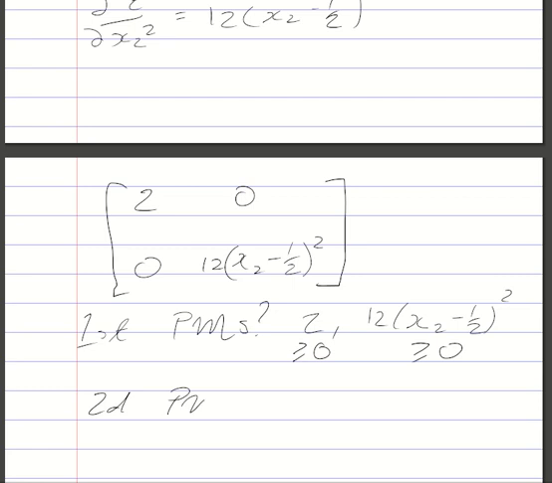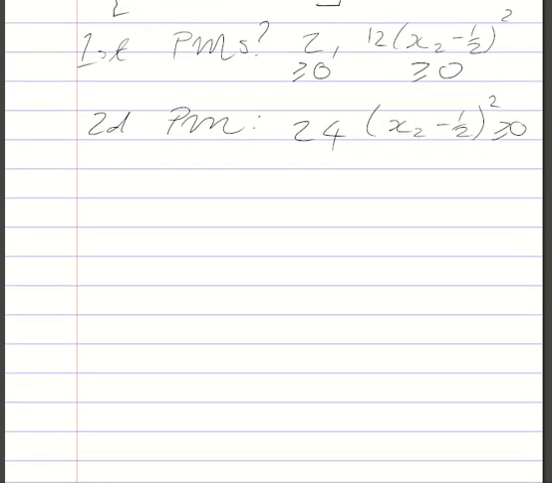The second principal minor is the determinant of this whole matrix, and that's just 24 (x2 minus 1/2) squared, and by the same reasoning this will always be positive no matter what value for x we can plug in there.